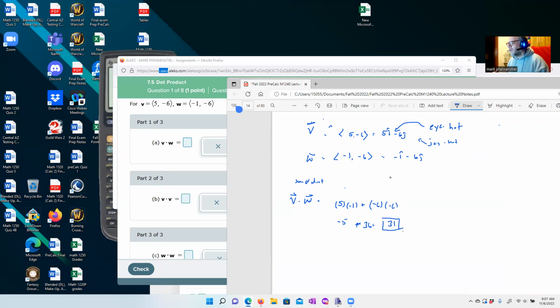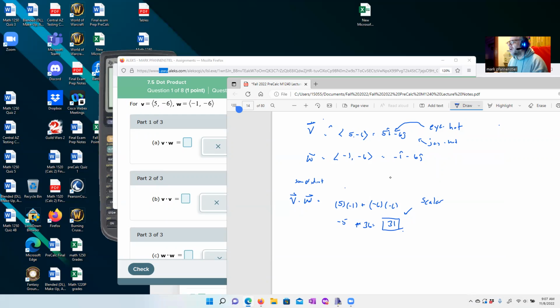The result of a dot product is what they call a scalar value rather than a vector. So we have two vectors that we dot together, and we end up with a scalar result.